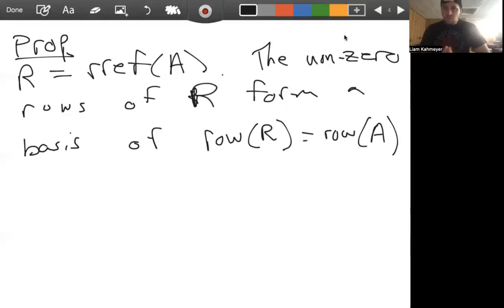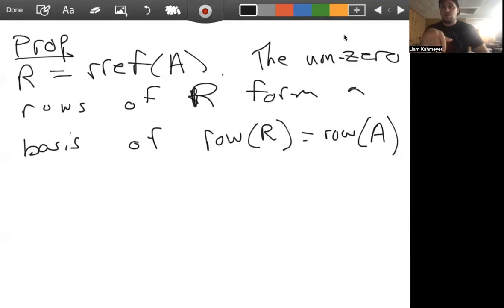So what you can do, and we'll do this in an example here, is you can take a matrix A and say you want to calculate its row space. Well, the easiest, or most simplified, vectors you could find to span your row space would be: first you take the matrix A and simplify it to reduced row echelon form.